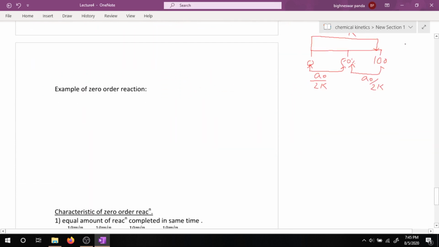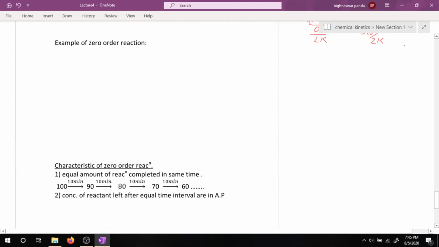So what are the examples of zero order reaction? I can write here the reaction H2 plus Cl2 in the presence of h nu gives 2HCl, where the rate of reaction is K times H2 power 0 Cl2 power 0.